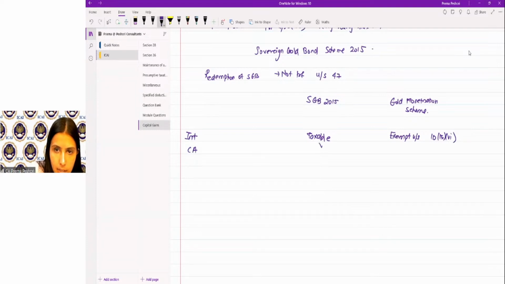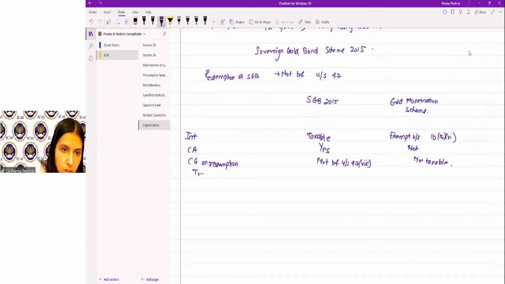This is a capital asset, SGB. This is not a capital asset. This falls under exclusion. Capital gain on redemption is not a transfer under section 47(7)(c). This is not a capital asset, so not taxable. If you transfer it, if it is not redeemed but it is transferred, then it is taxable.